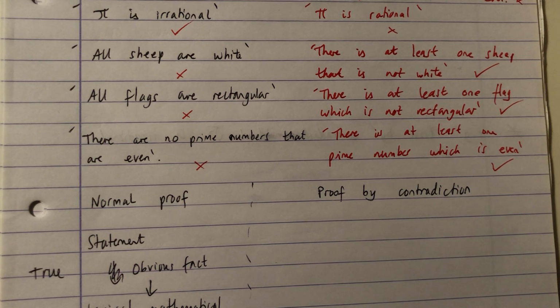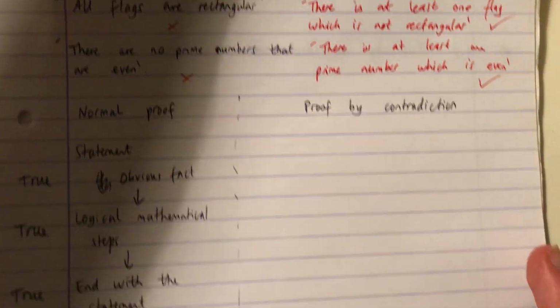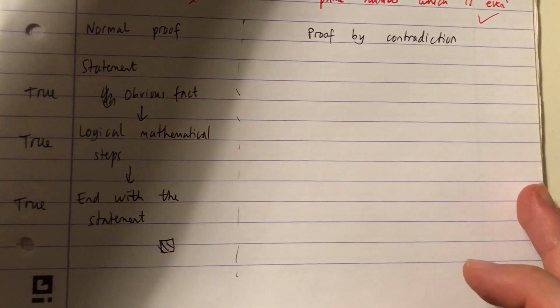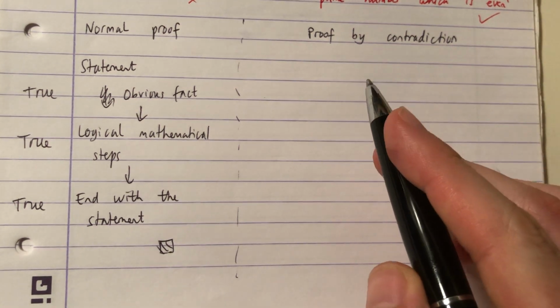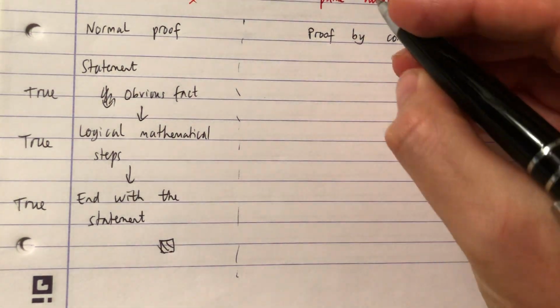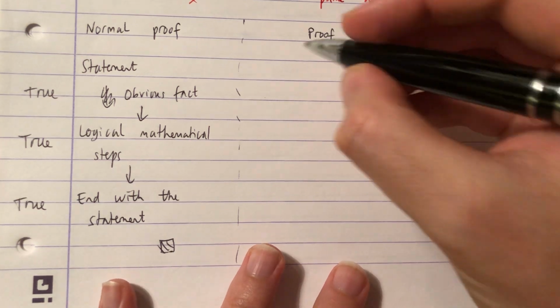If I know one of those is false, that must mean the other one is true. Okay? And let's see how this logic will work, because what happens with this is you don't actually start off with a statement. You start off with the negation of the statement.